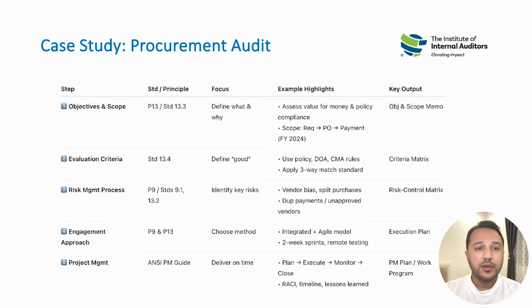The third thing is the risk management process. Identify what are the key risks in different procurement activities. Some of the key risks are the selection of a vendor, whether it is being selected with the proper criteria or not. Do we have a vendor management list, a vendor master list? How do we evaluate the vendor? Do we blacklist the vendor?